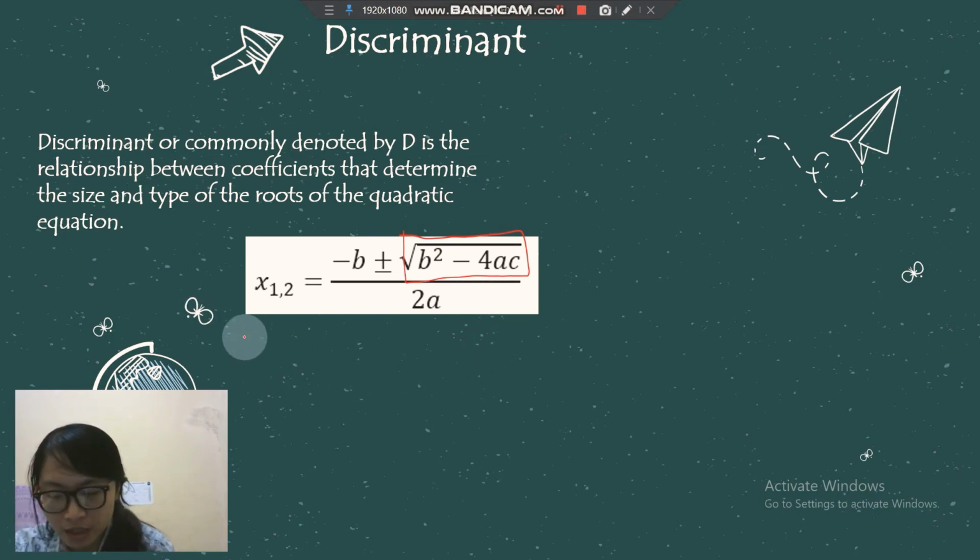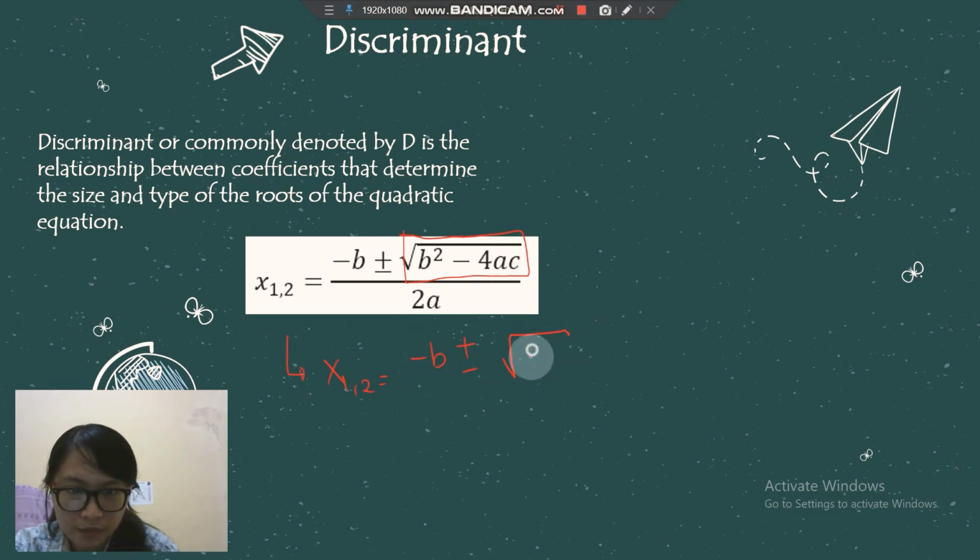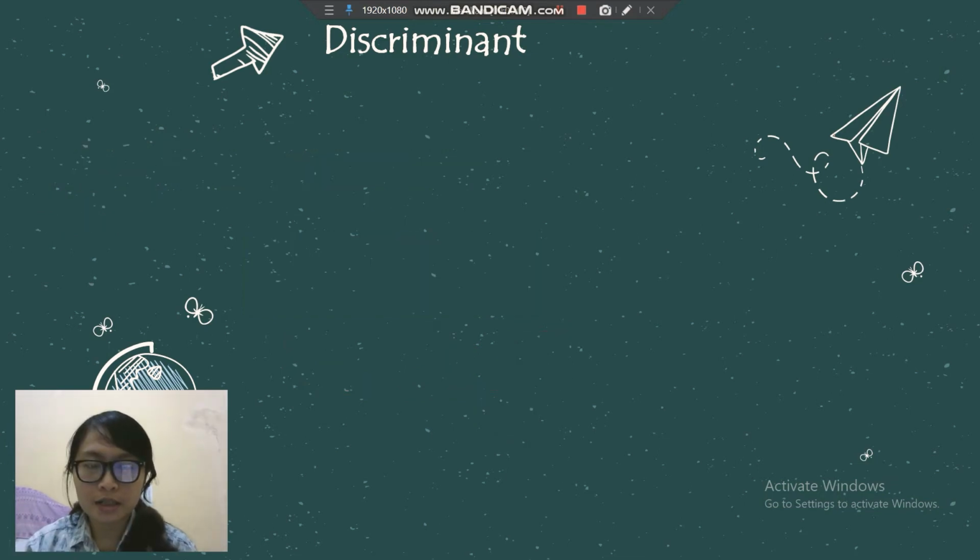So the ABC formula can be like this: x1,2 equals minus b plus minus square root of D, divided by 2a.